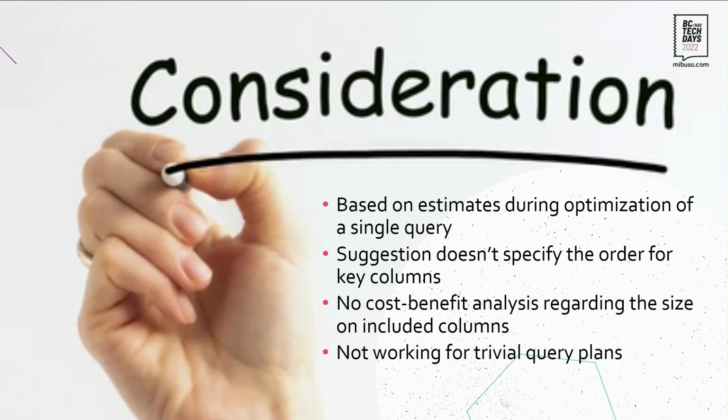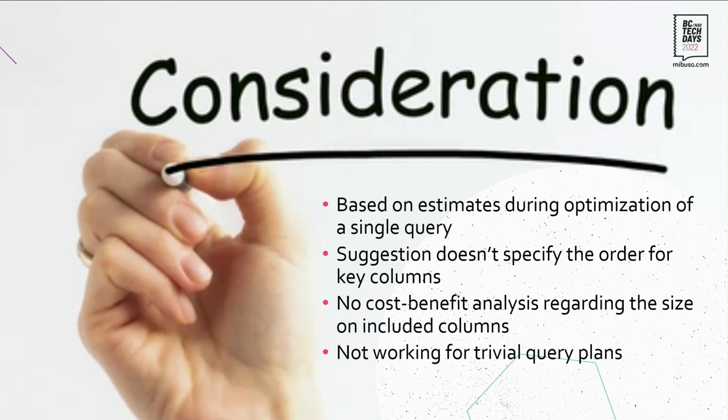Included columns are suggested as well, but SQL Server performs cost-benefit analysis only on the size of the resulting index when a large number of included columns are suggested. It may offer similar variations of an index on the same table and columns across queries. It is important to review index suggestions and combine them where possible. Also, these suggestions aren't made for trivial query plans.